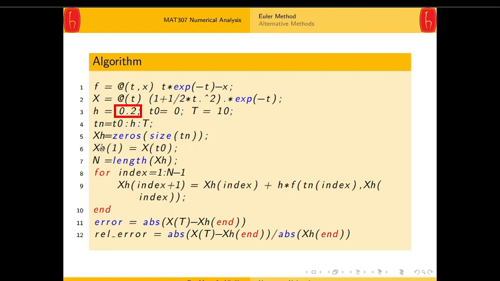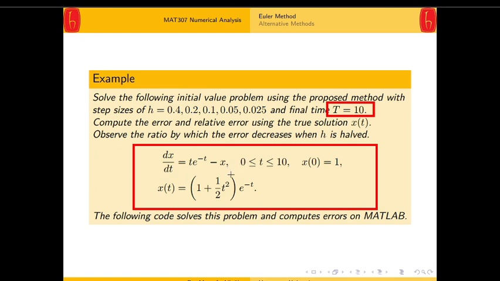Okay, so xh1, which is the first approximated solution, in this particular case will be the initial value and it's exact. So let's take it to be x of t0, which is the true solution at 0, and this will also give us the initial value already, which is 1.